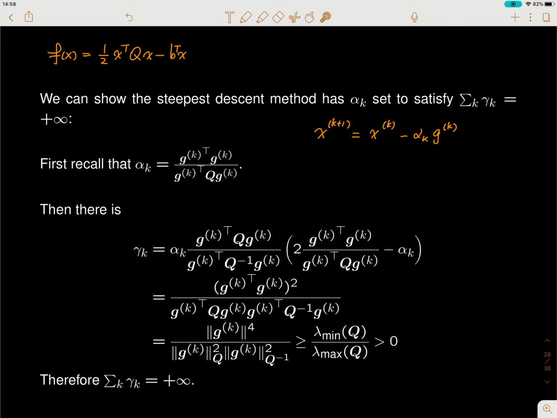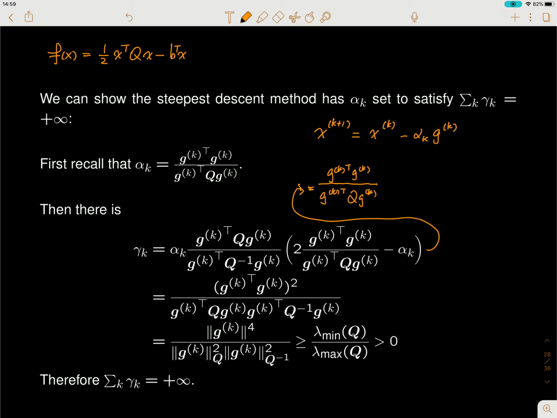So in total, what we have is gk transpose gk divided by gk transpose Qgk. So let me just compute what happens here.